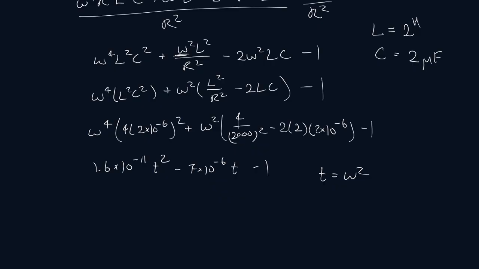Now we can use the quadratic formula to solve for this. And using the quadratic formula, you should get T to be equal to 550,942.056, and T is W squared. So you just square root this, and you should get your cutoff frequency to be the following.